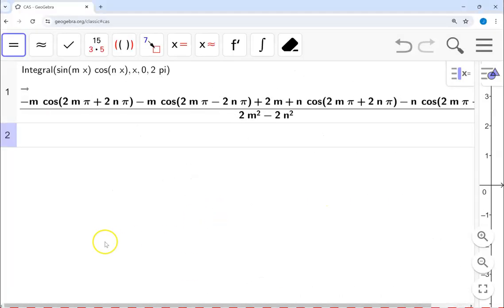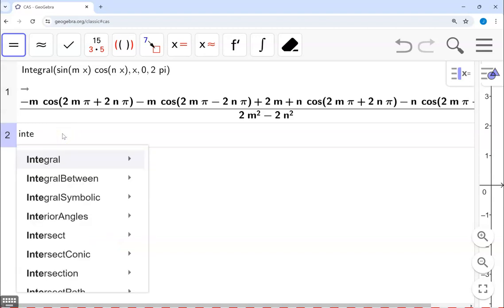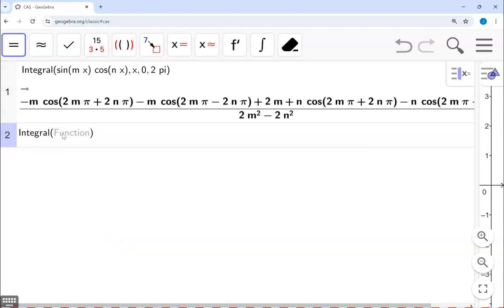Pop back over here. Scroll over. All right. I want to do the integral of, let's do all of them at once for sine and all of them at once for cosine, okay? So I want sine of nx times sine of nx, same function, right? So it's sine of nx squared. So I want to write parentheses around it, sine of n times x, squared.